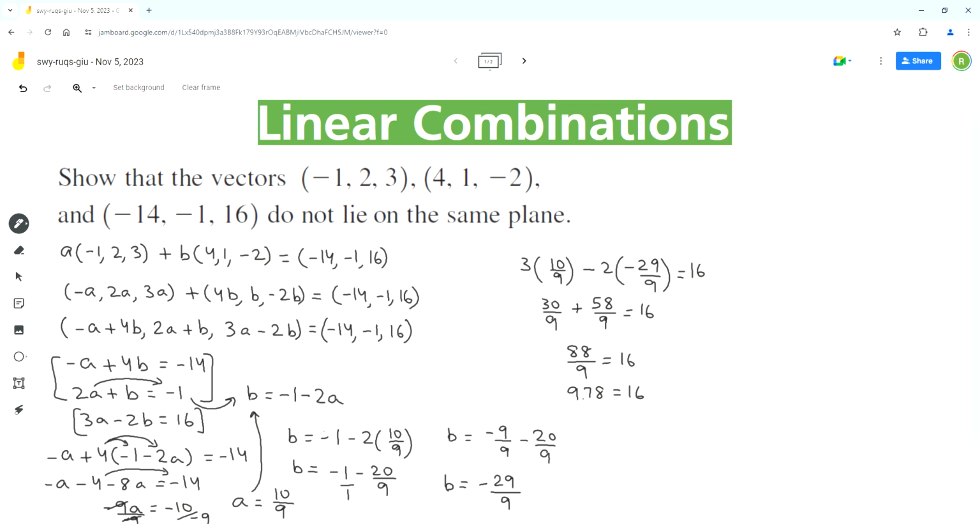That means the left side is not equal to the right side. So the values of a and b we found do not satisfy the third equation. Therefore, we can conclude that the vectors do not lie on the same plane.